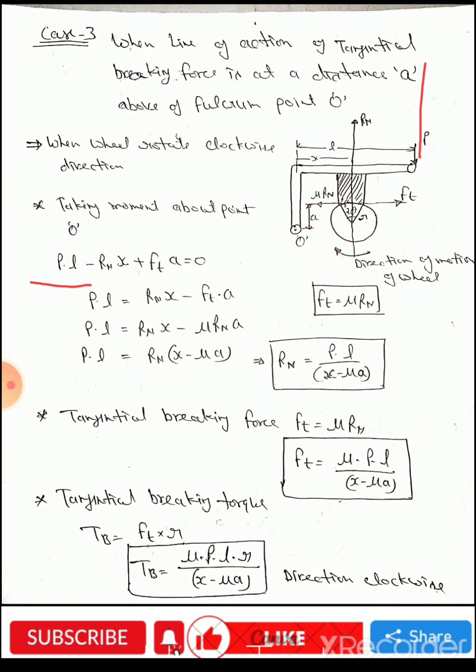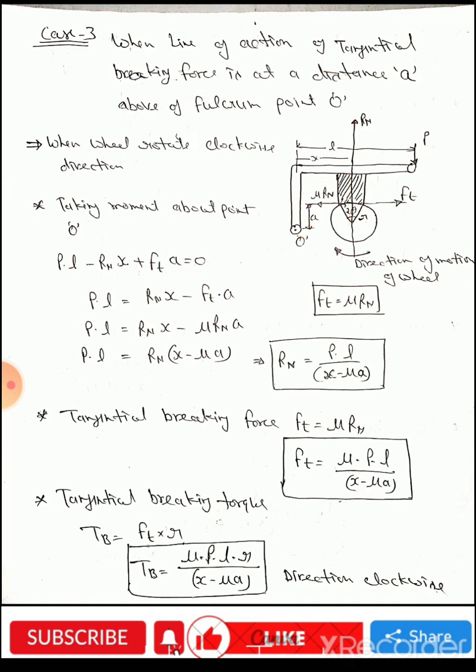Next couple is Rn into X. Rn is the normal reaction, in upward direction, with perpendicular length X. It makes an anti-clockwise couple about point O, so it is in negative sense.